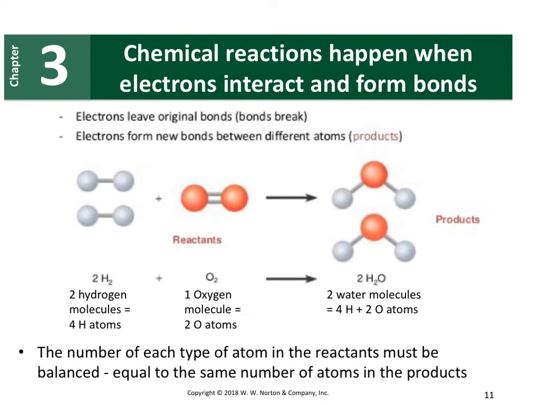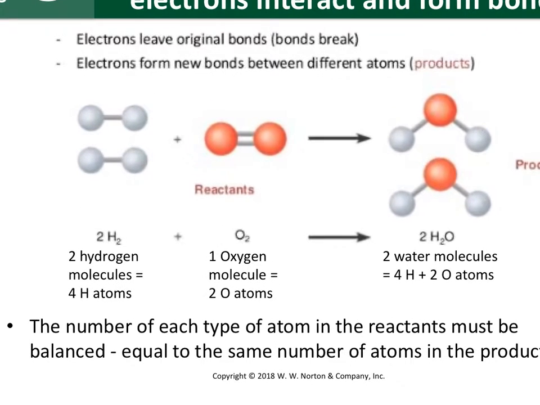So here we are again. We've got two reactants, hydrogen and oxygen. The molecule of hydrogen is two hydrogens, and two oxygens is a molecule of oxygen. So you can see that on one side we have 4 hydrogen atoms and 2 oxygen atoms.